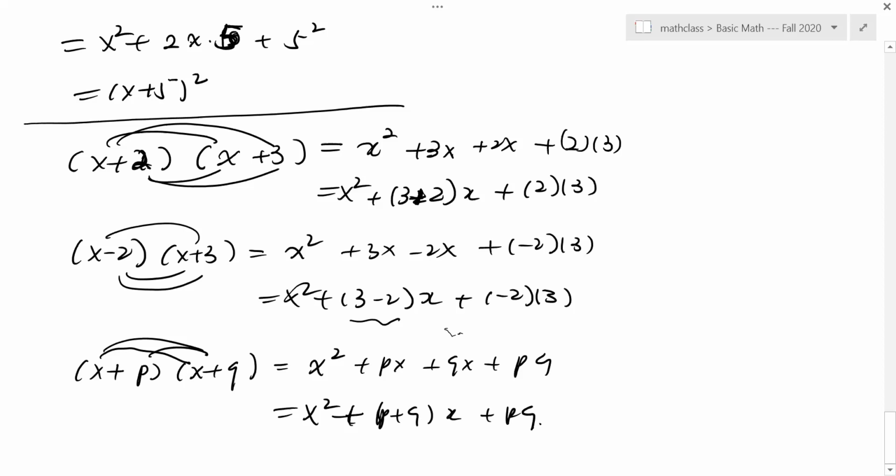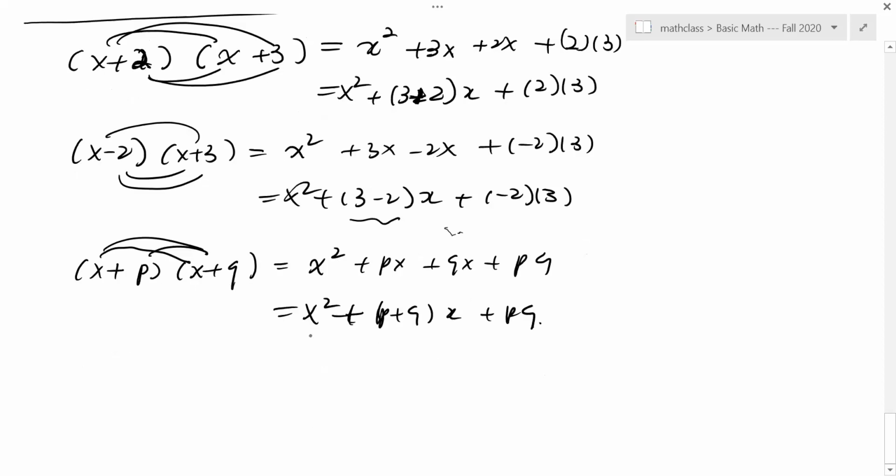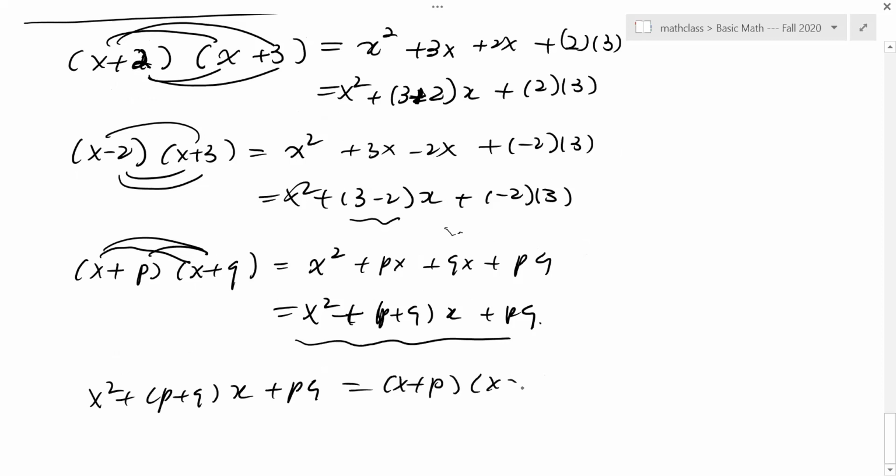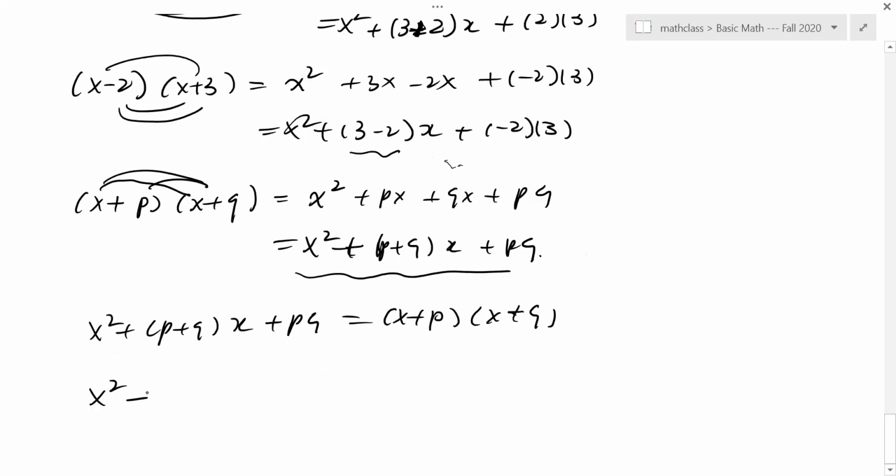So if the quadratic function is in this form, then this conversely is true, right? x squared plus p plus q, x plus pq should be equal to x plus p times x plus q. So for example, x squared plus 5x plus 6.